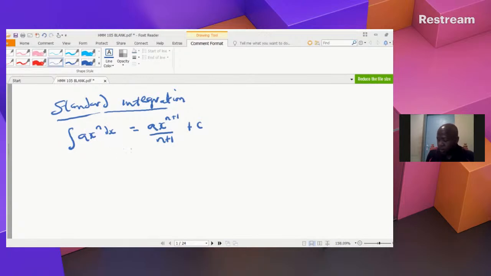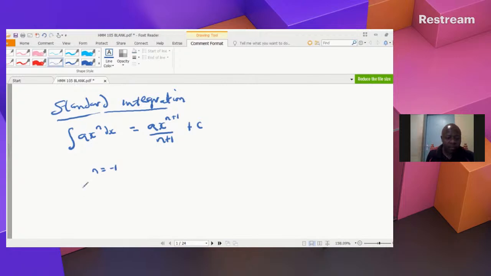Now, this rule is applied for all values of n except n equals -1. So n here is any number except -1.